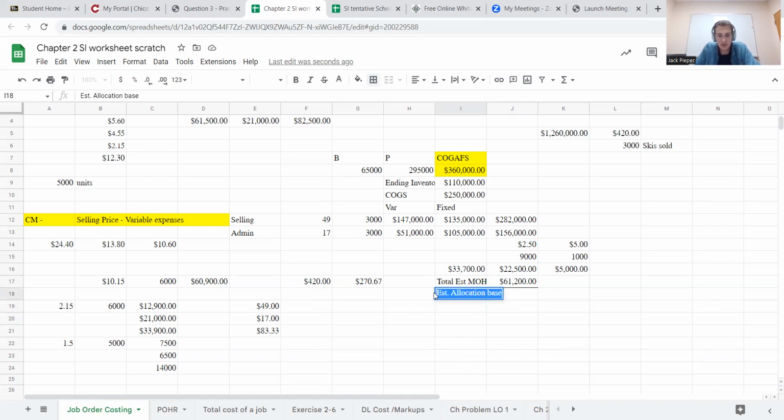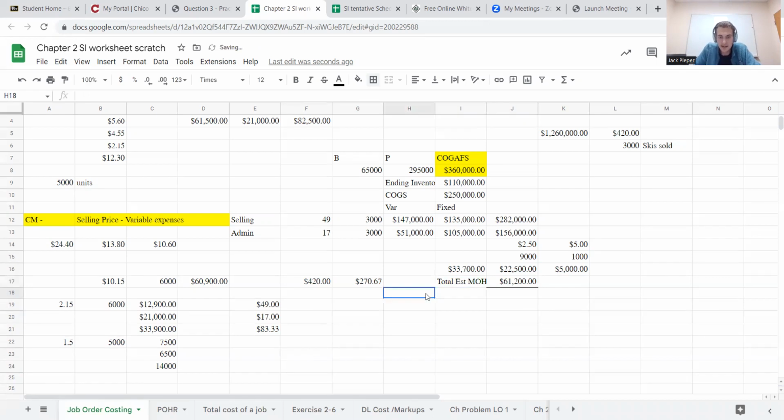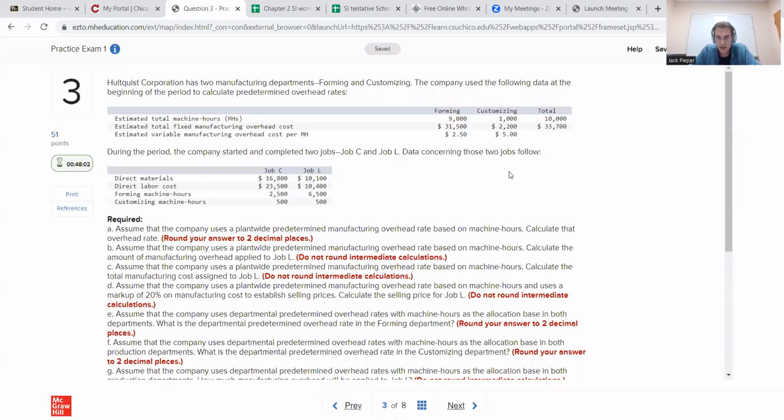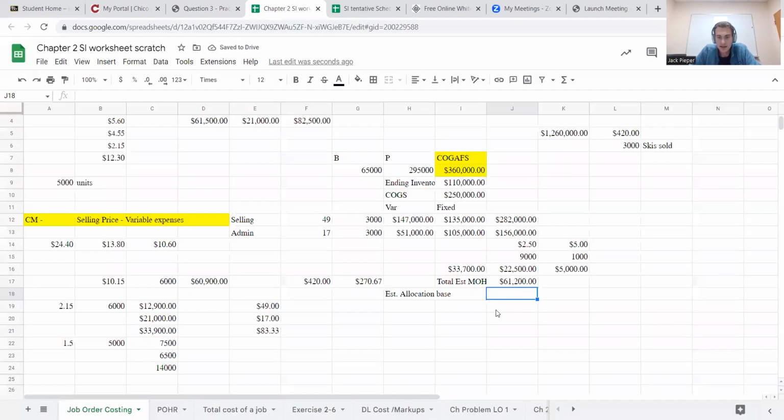When we do our predetermined overhead rate, remember it's estimated divided by estimated. It can get tricky if you don't do that. So just make sure that both your numbers are estimated. So we'll do 10,000 allocation base of machine hours. And we will get a cost per machine hour, which will be our overhead applied. So we'll do 61,200 divided by 10,000 machine hours, and we get $6.12 per machine hour.